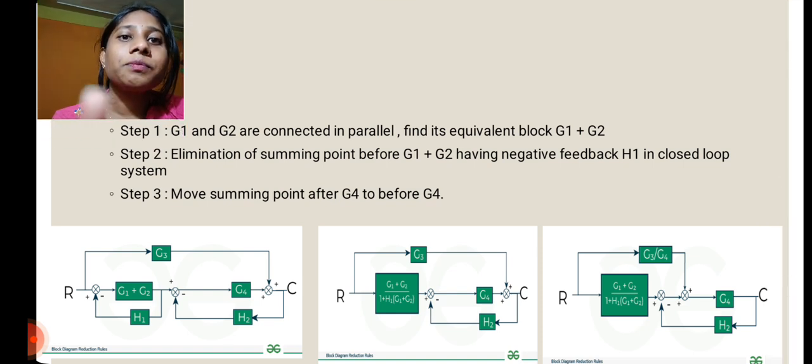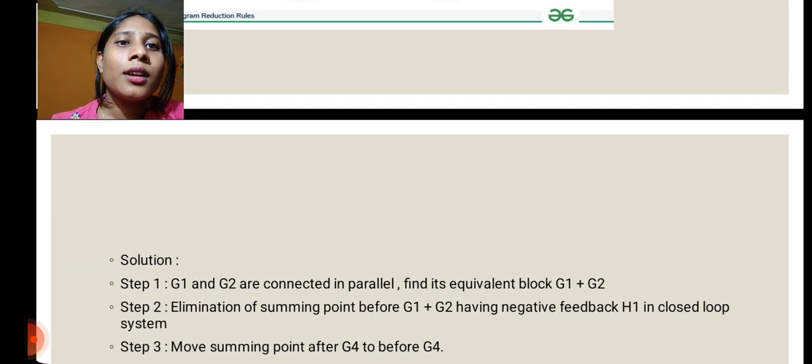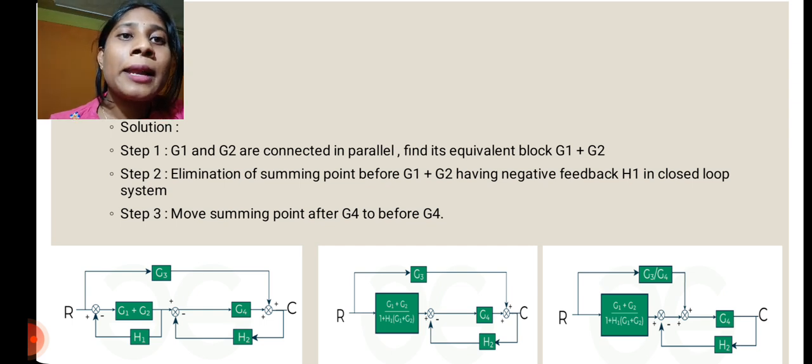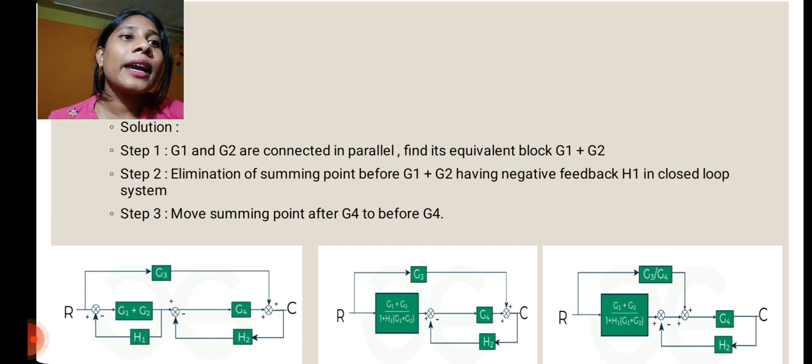If it is parallel, it will be a plus sign, as you can see here, where G1 and G2 become G1 plus G2. Next step, eliminating the summing point before G1 plus G2 having negative feedback H1, a closed loop system.